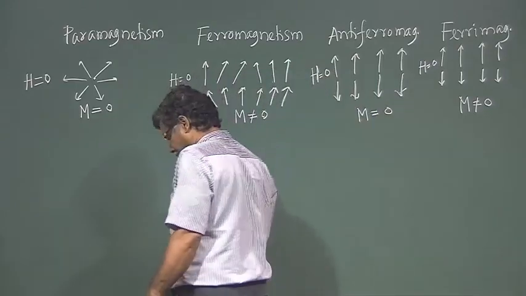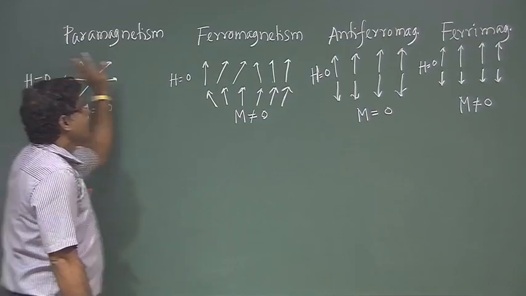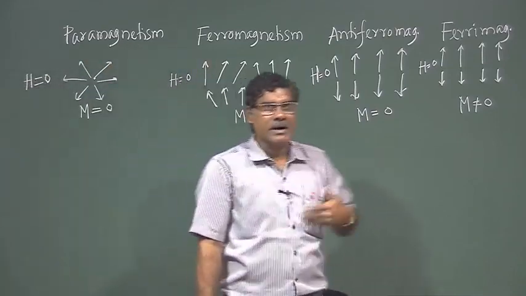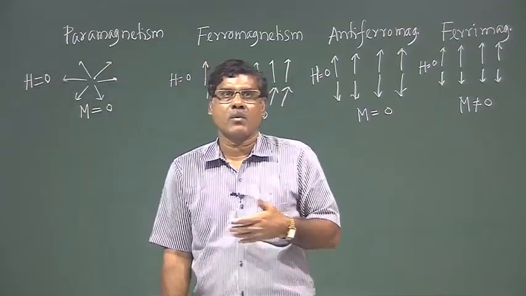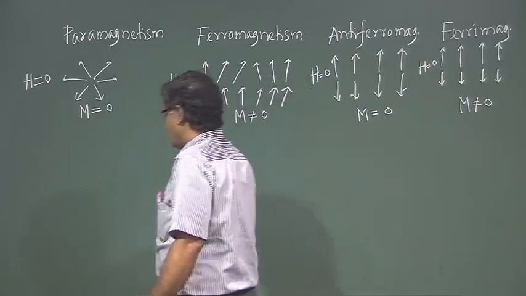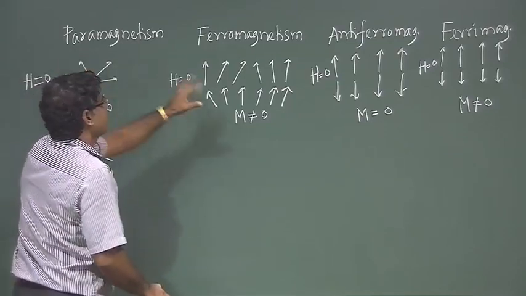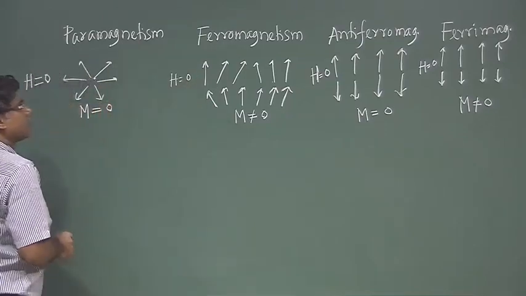So, this way, depending on the ordering of the permanent dipole moments in the material, we can differentiate the different types of magnetism.